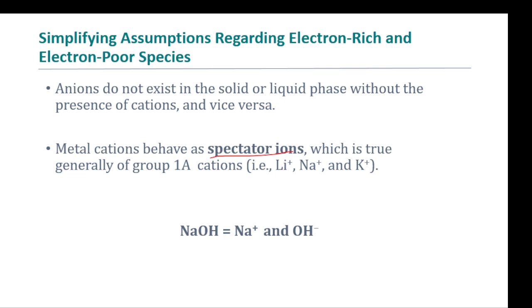The metal cations typically are going to be the ones that we use as our spectator ions, because we're in organic chemistry, and we typically just don't care about the metal cation. That's basically the truth of it, okay? They don't make covalent bonds in almost any case that we use these things in.